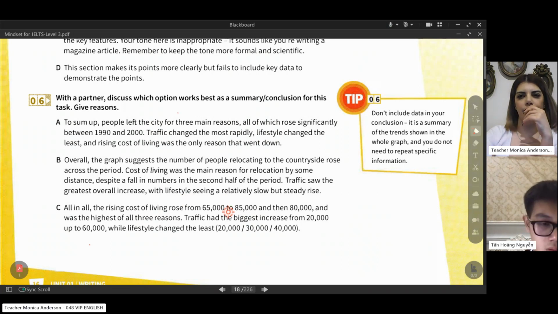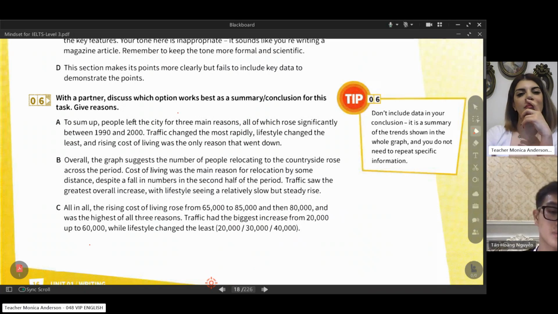All in all, the rising cost of living rose from 65,000 to 85,000 and then 80,000 and was the highest of all three reasons. Traffic had a bigger increase from 20,000 up to 60,000, while lifestyle changed the least: 20,000, 30,000, 40,000.